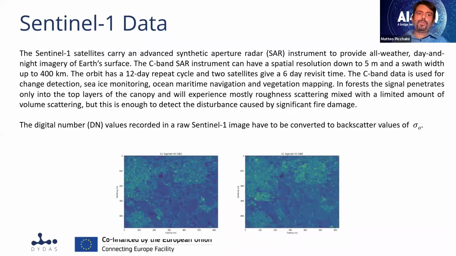Together with the Sentinel-2 data, we will also exploit the scattering values as acquired by the Sentinel-1 sensor, which is a synthetic aperture radar instrument, which provides weather, day and night imagery of the Earth's surface.